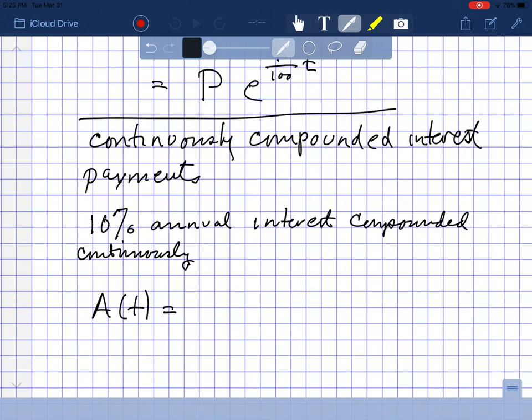Just kidding. Then after t years, if you put P dollars into this program, what you would have at the end of t years is going to be P times e to the 10 divided by 100 times t, which is P times e to the 1 over 10 times t.